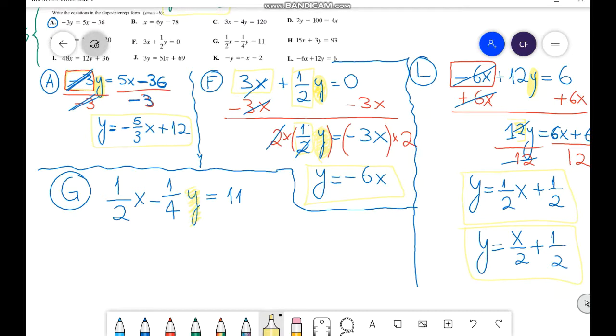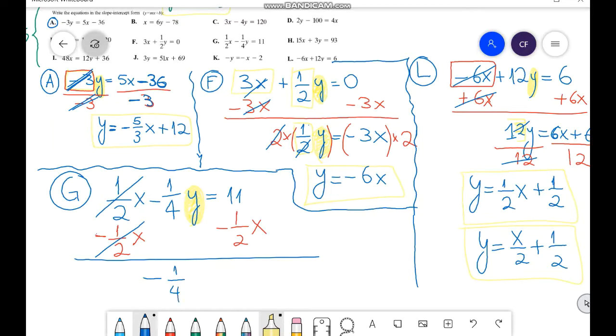Again, only y, I don't want anything else. I want to keep only y on the left hand side. So get rid of this. Subtract 1 over 2x on both sides to get rid of this 1 over 2x that's here bothering me. Okay? So negative 1 over 4y equals negative 1 over 2x plus 11.